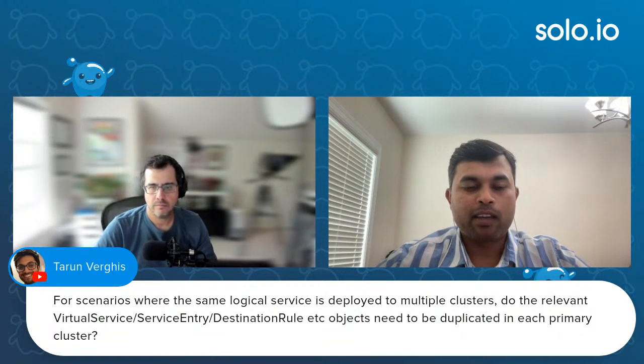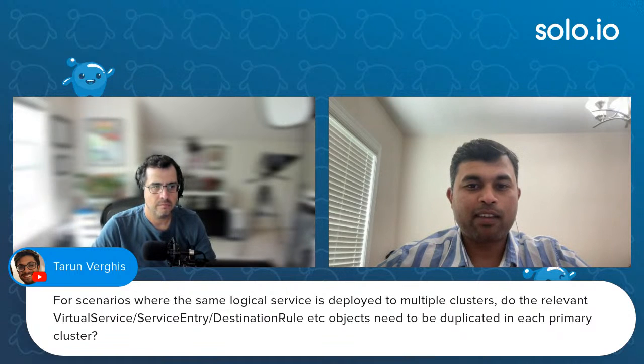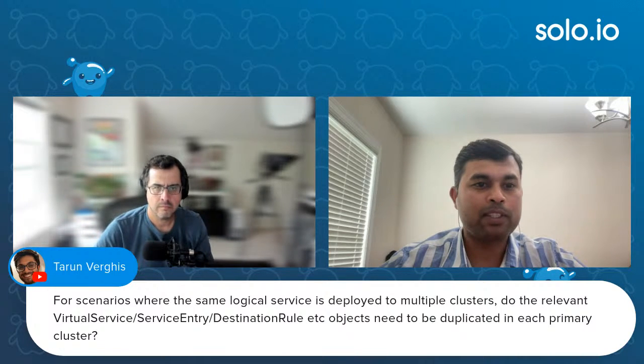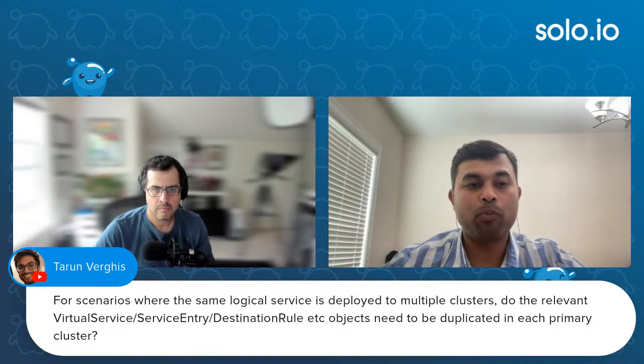For scenarios like this, this is where you need to replicate some of these aspects. But the way I have demonstrated today, it's the same application but different versions of it. If you just use labels and selectors and rely on east-west gateways, you don't have to duplicate. And we talked about the SNI piece, right?